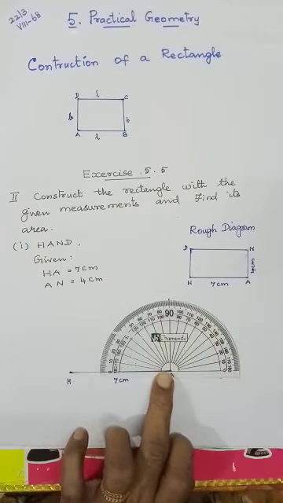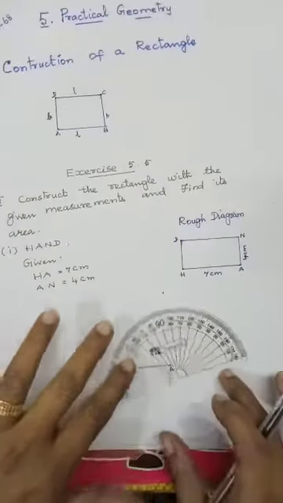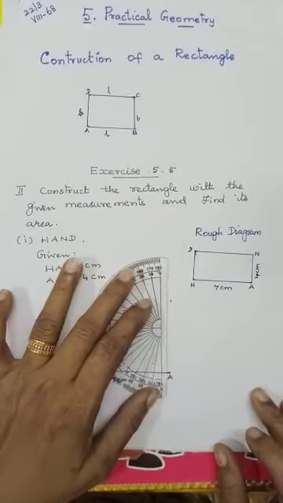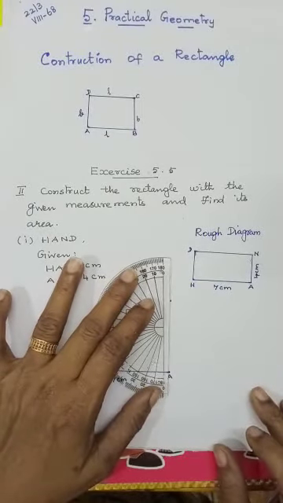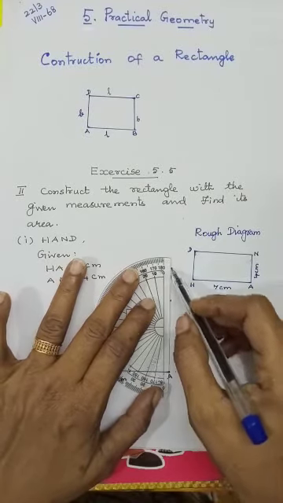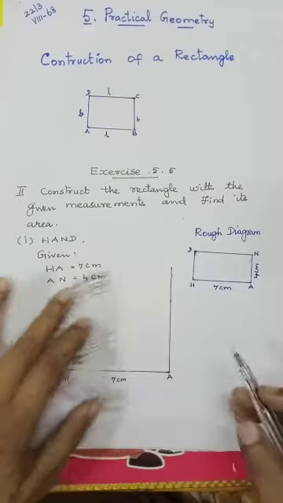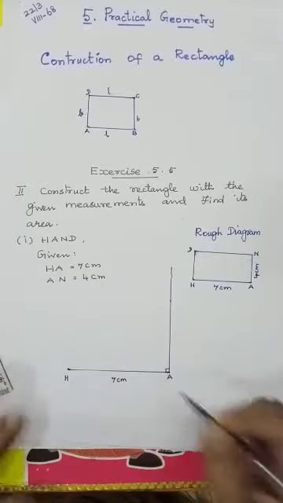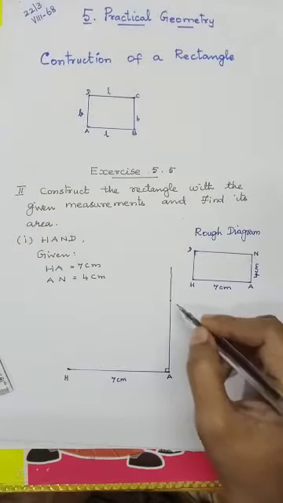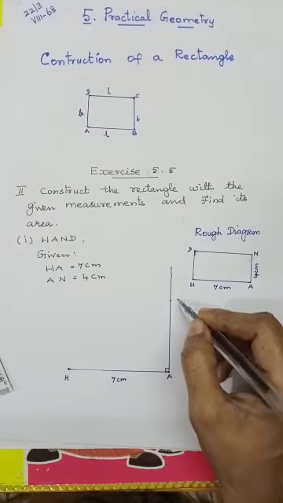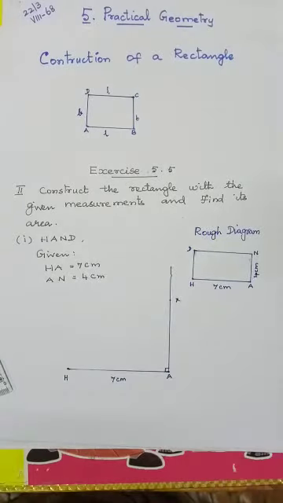Then join A and that 90 degree mark. Joined. Here it is 90 degree. Then give the point as X.